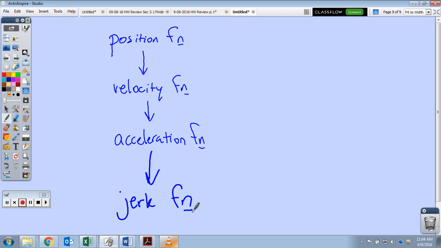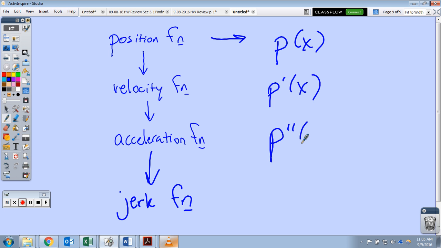So this is where the derivative is moving down. Actually, let me do it better than that. If this is P of x, this would be P prime of x, this would be P double prime of x, and this would be P triple prime of x.